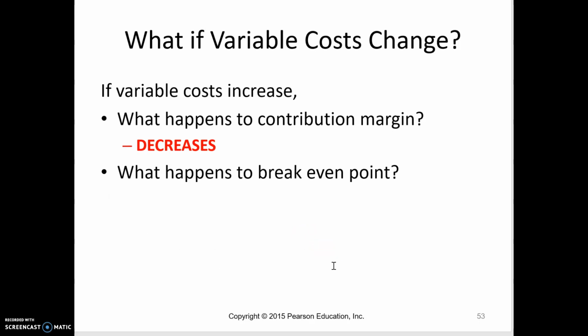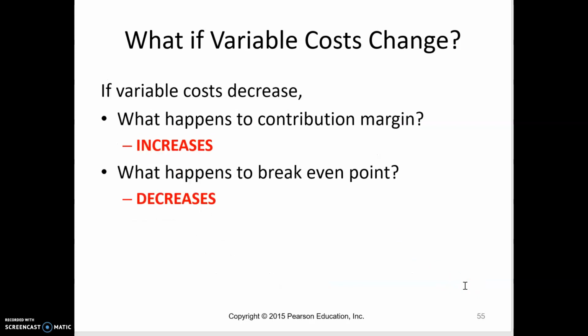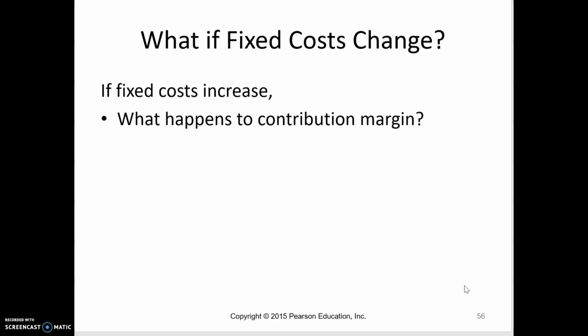If the contribution margin goes down, the break-even is going to go up. So we can see contribution margin in this example decreased to 50, so then we have to sell more to break even. The opposite's true if variable costs decrease. They decrease, contribution margin increases, break even will decrease.